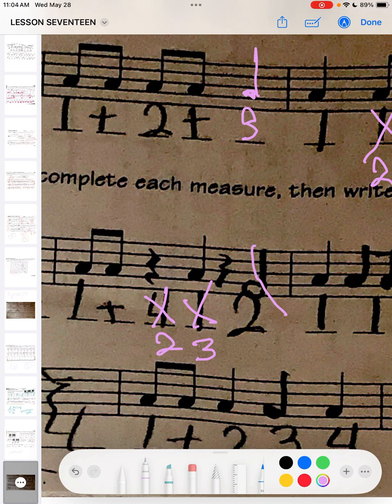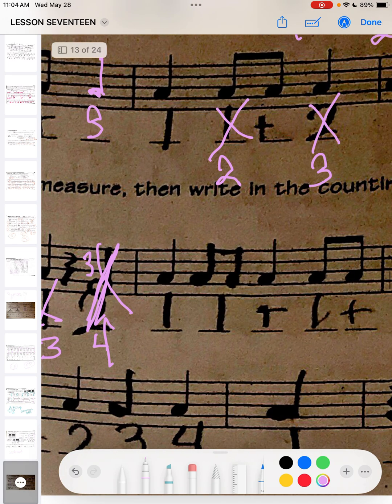Oh, no. 4. So, oh no. 1. 1 was that one. So I'm gonna do, oh no. This whole thing is wrong.